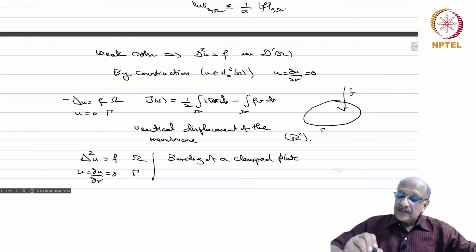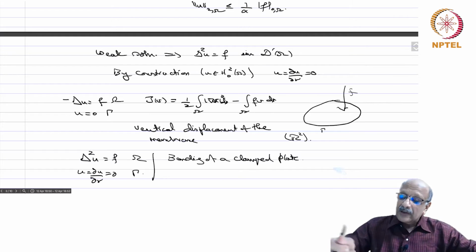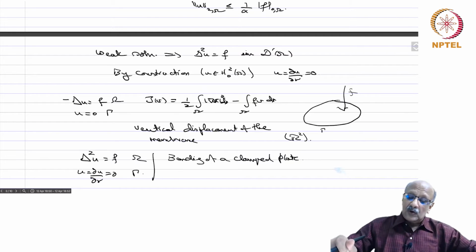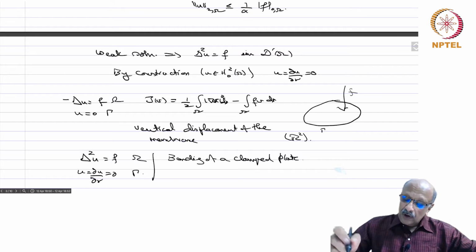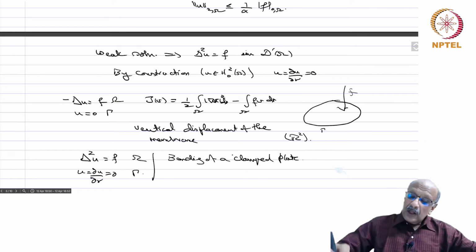So you assume that you have a very thin plate, which of course is a three-dimensional body, approximated by means of its middle surface, so that will be a two-dimensional body, and then you have a force which acts on this, and clamping the plate along the boundary means that not only does it not move, but it does not have any lateral rotational movements, etc., and therefore that is called clamping. So when you clamp a plate and act upon it by a vertical force, the bending vertical displacement is given by this equation. Okay, so that's it.